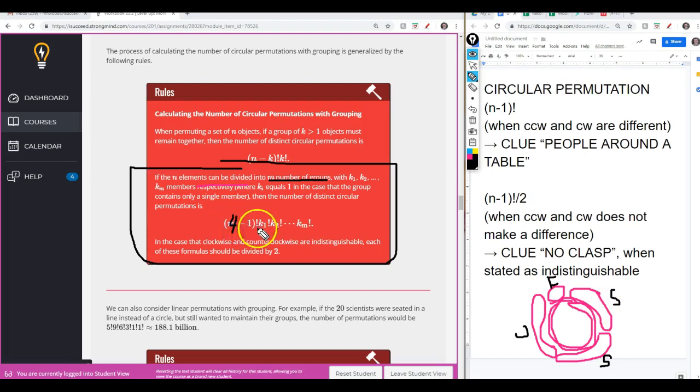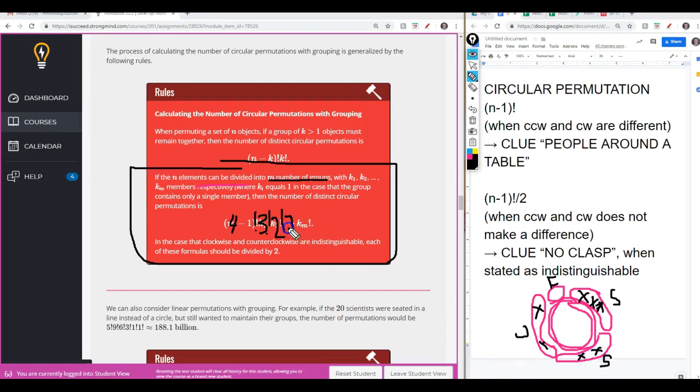4 minus 1. And in our first group we had seniors. There had to be 3 of them. So within this group there is 3 factorial ways to arrange that. Within the juniors, there was 2 members, so these 2 members can be arranged in 2 factorial ways. Sophomores, again, there was 2 members.